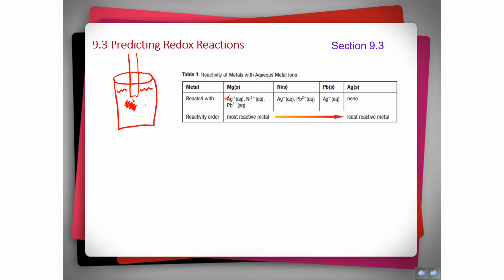Then you put it into a different solution that contains nickel ions to see if it reacts, and it did. Then you try lead ions and see if it reacts. Magnesium metal reacted with all three, nickel reacted with only two, lead reacted with only the silver, and silver reacted with none. So you can easily figure out that the magnesium metal is the most reactive and the silver is the least reactive. So that's what we've done here.